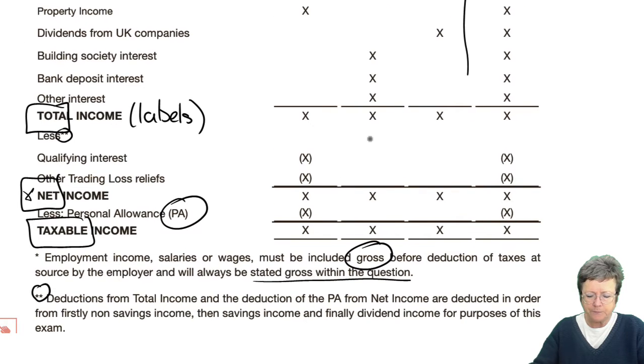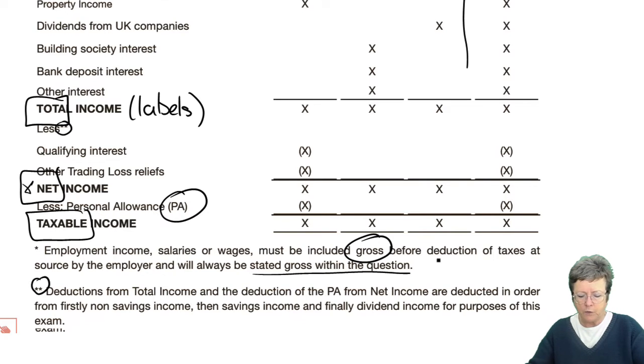Always. If there's any spare or there isn't income to cover it, then you move it across. Okay. So deductions are from total income, the deduction of personal allowance from net income, deducted in order. Firstly, non-savings, then savings, finally, dividend income for the purpose of this exam. Okay, that you need to do here.